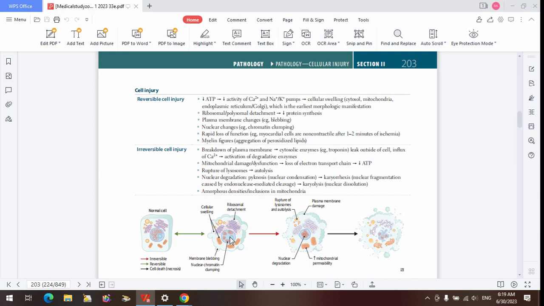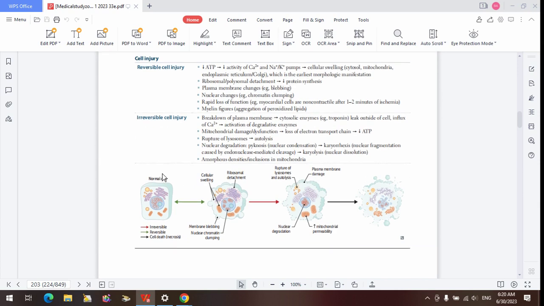So after the hydropic swelling, there is blebbing of the membrane. There's detachment of ribosomes from the rough endoplasmic reticulum. There's no protein synthesis again. The acid causes clumping of the chromatin. Overall, there is loss of function of the cell, and we can have myelin figures, which we talked about, formed due to exposure of the cell membrane to free radicals. So they get peroxidized.